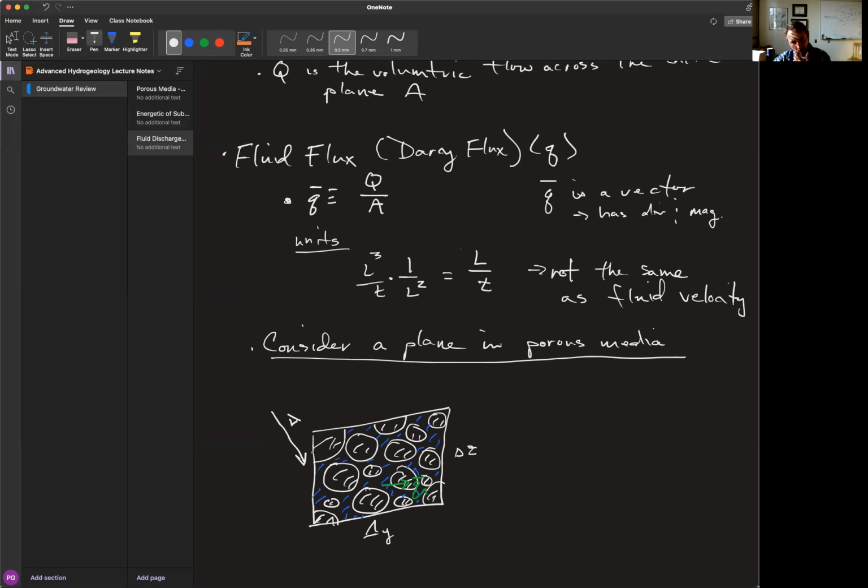So I want to know what the fluid flux is across this plane. I've got some randomly oriented fluid velocity vector. So the fluid flux by definition, q sub n, is equal to the discharge across my plane of REV, A sub REV.